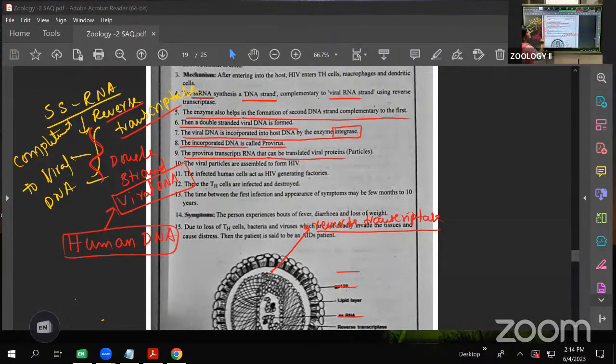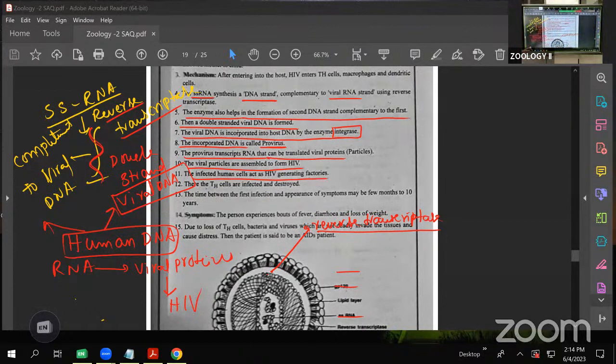This provirus transcribes the viral RNA, and this RNA is translated into the viral proteins or particles. These viral particles gather, assemble and form the HIV virus. Like this, the infected human cells act as HIV generating factories.